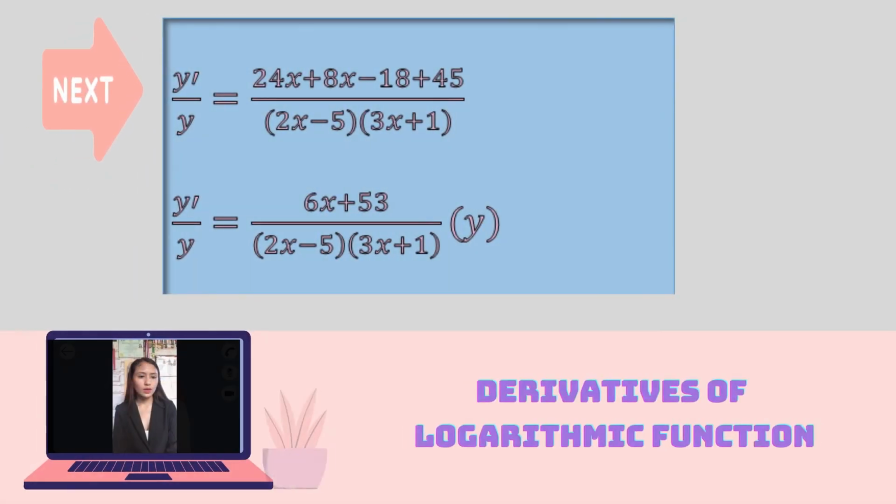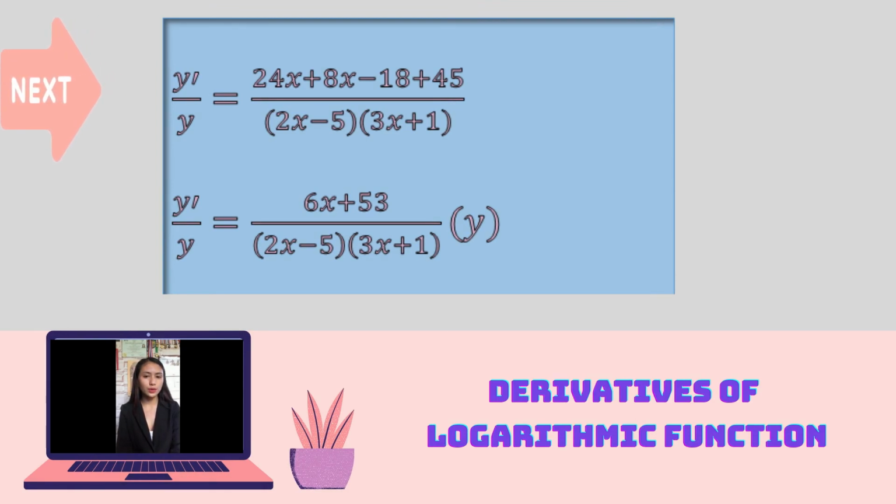And then we will distribute the numerator. So we have y prime over y equals 24x plus 8 minus 18x plus 45 over 2x minus 5, 3x plus 1. Next, combine like terms. So we have 6x plus 53 over 2x minus 5, 3x plus 1.